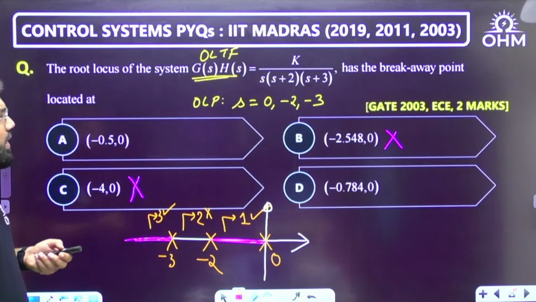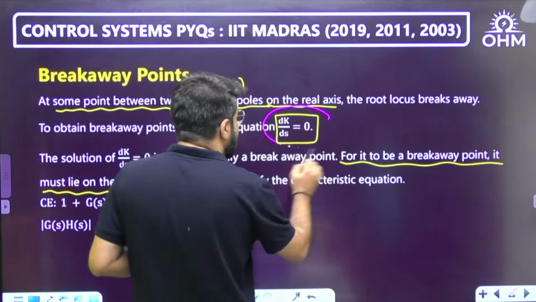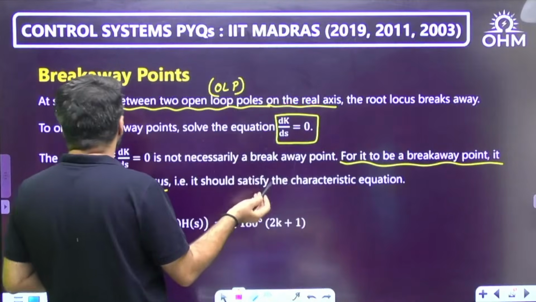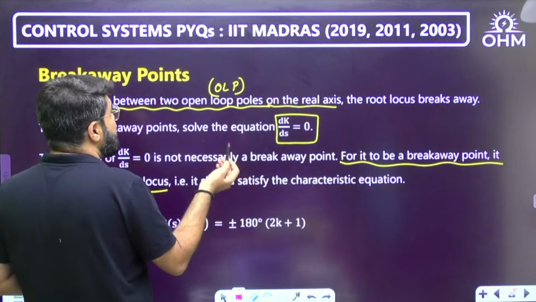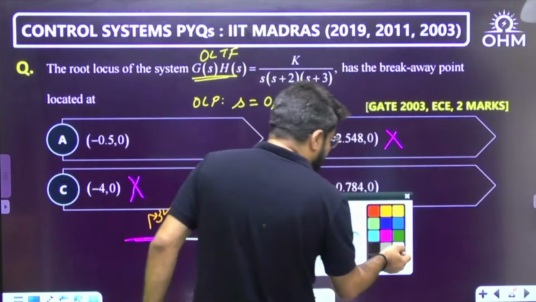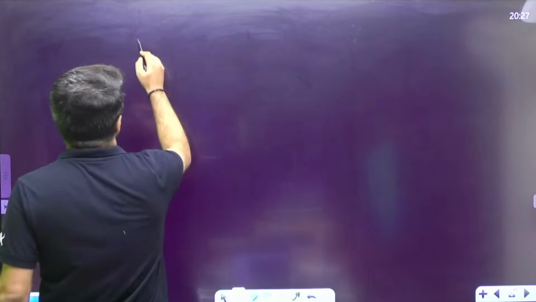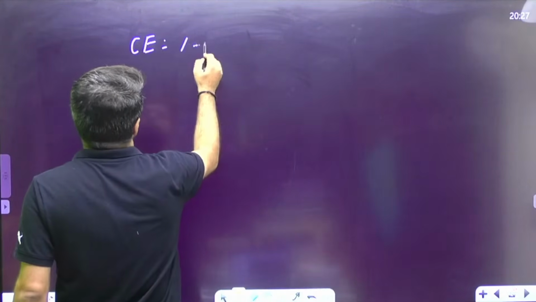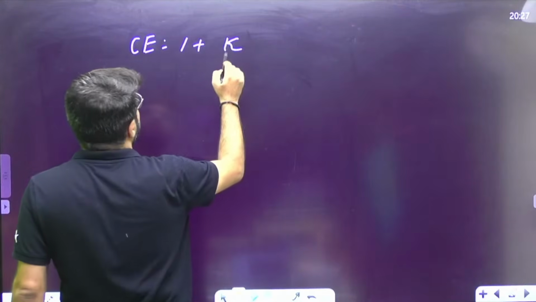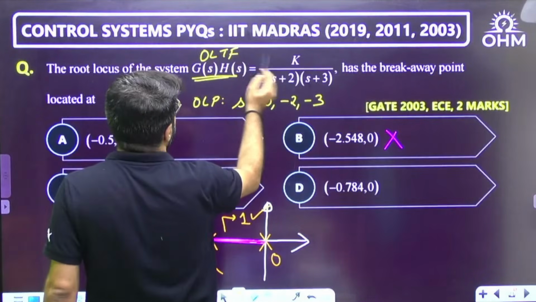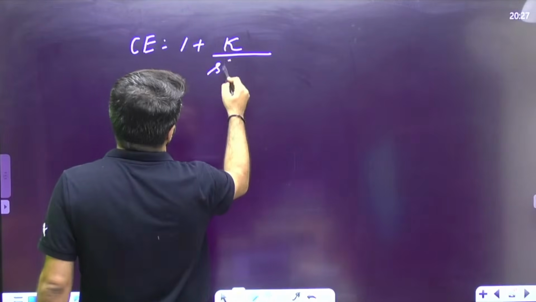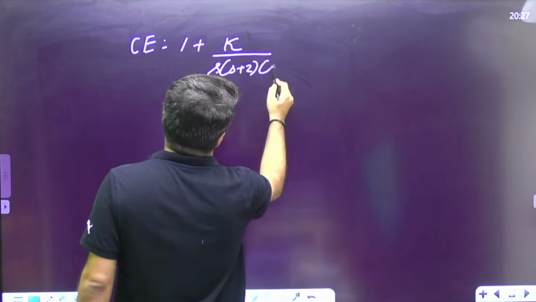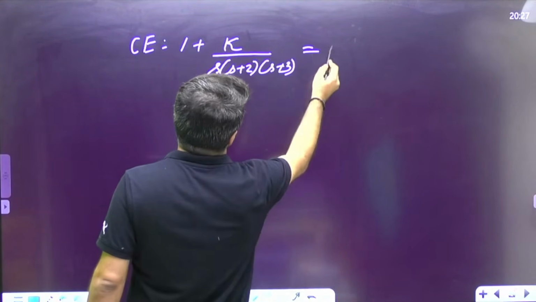Now, to exactly get the breakaway point, the first equation is dk by ds equal to 0. What is k first of all? We write down the characteristic equation for k. Root locus is the locus of roots of the characteristic equation. The characteristic equation is 1 plus G(s)H(s), that is, 1 plus k upon s(s plus 2)(s plus 3) equal to 0.